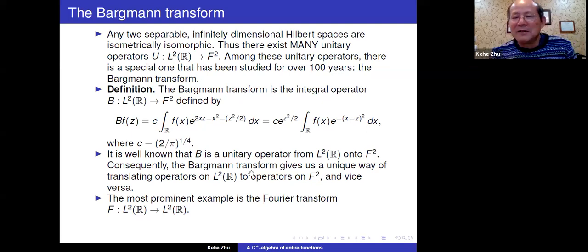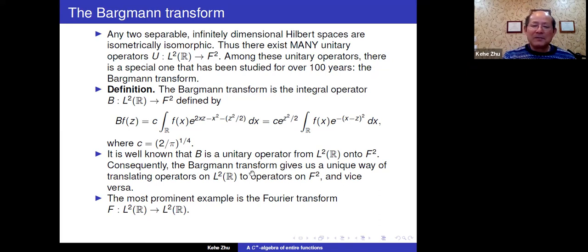When I was a PhD student at Buffalo, I already knew the Bergman transform. That was already used in the study of operators on the Fock space. I knew that, but I never really did anything until about 10 years ago when I picked up this tool again. I began with several examples of this unitary equivalence.